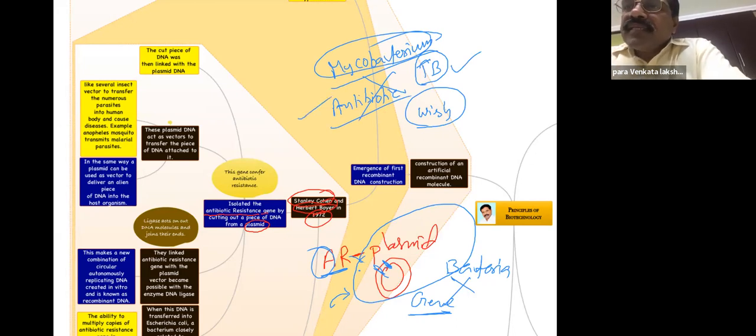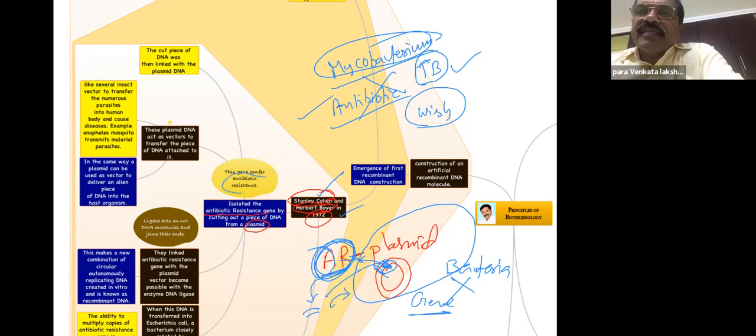Why? Because there may be a gene. So here what Stanley Cohen and Herbert Boyer did in the year 1972, there is a gene called antibiotic resistance gene that is present in the plasmid, that was cut down. That was separated. Now this gene, which is nothing but the antibiotic resistance gene, is separated from this plasmid. This gene confers antibiotic resistance.